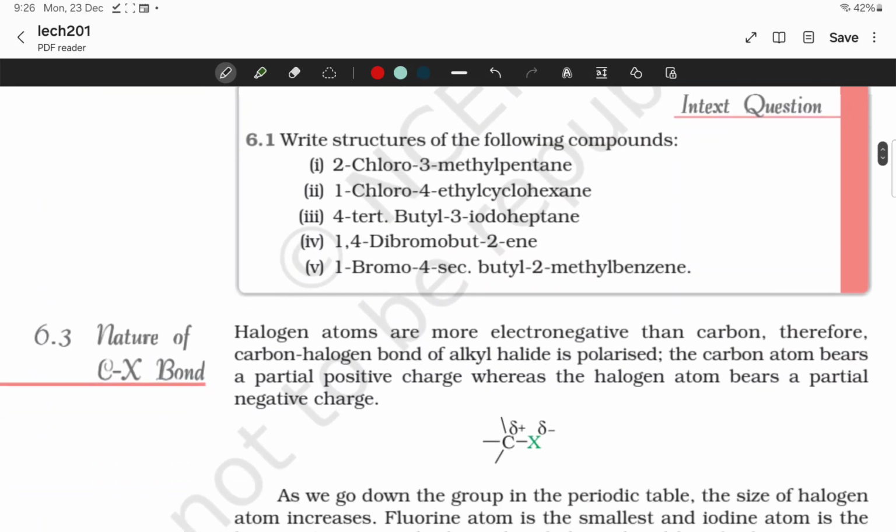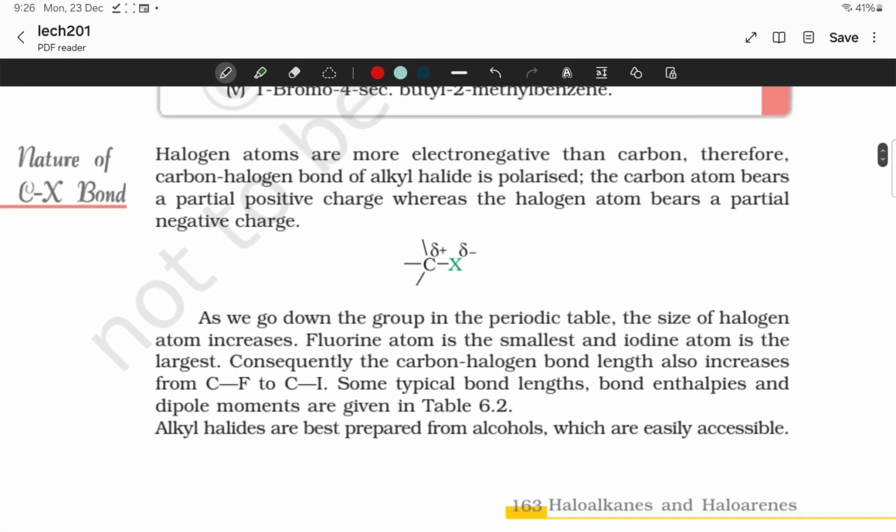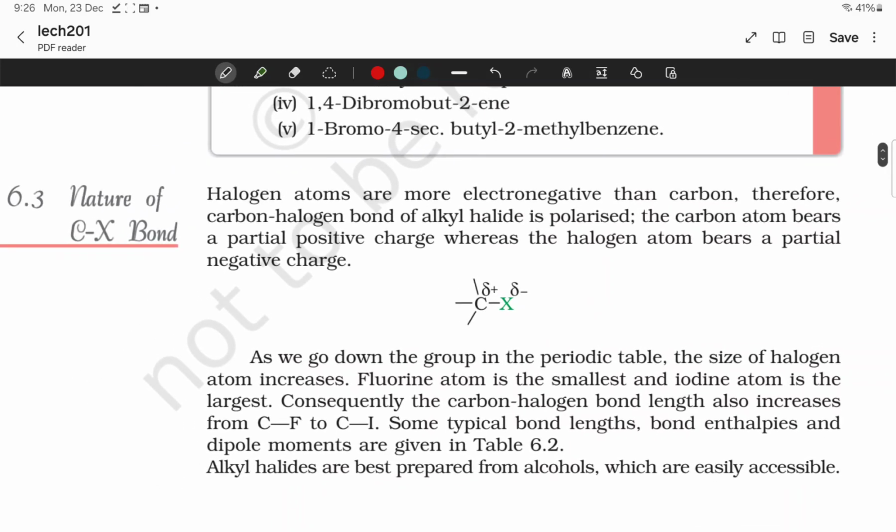Okay, not a matter. Now we come to our chapter, really into our chapter, and we will first be dealing with the nature of the carbon halogen bond in haloalkanes. You know that halogens are very electronegative, and we usually include carbon as an electropositive element.